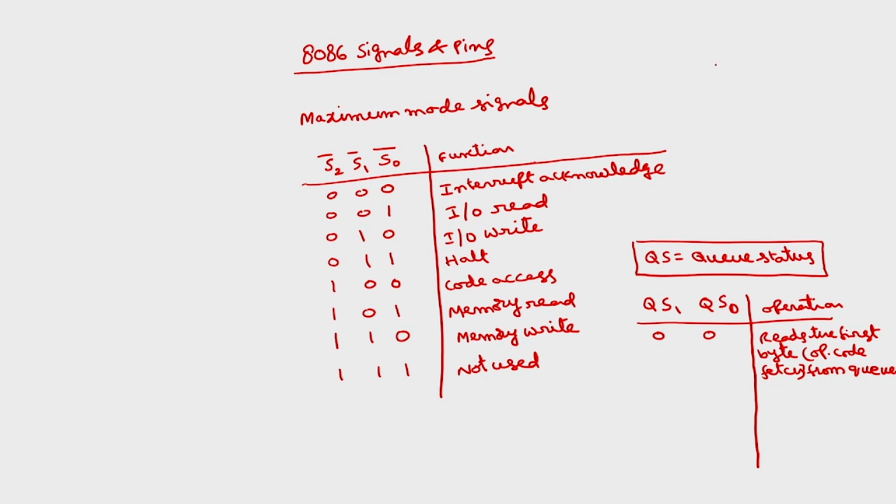For example, say MOV AL, CL. Corresponding to this MOV there will be a code which is called the opcode. This is fixed for the 8086 microprocessor, there is a format to generate that opcode. So, in order to execute any instruction, the first byte will be the opcode, and the next byte will be the registers, or it can be data, or an address. So, when QS1, QS0 are 0 0, it reads the first byte, which is by default the opcode fetch, from the instruction queue.